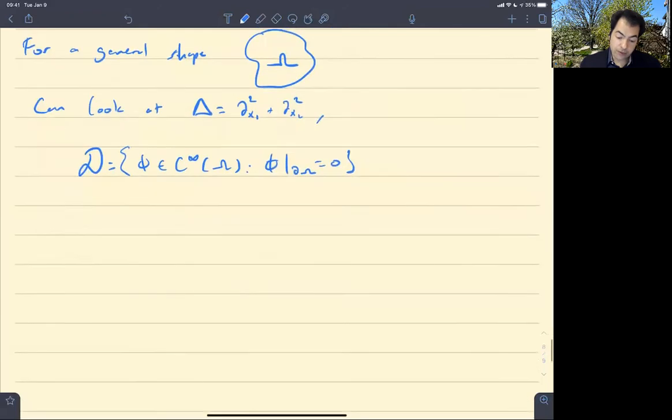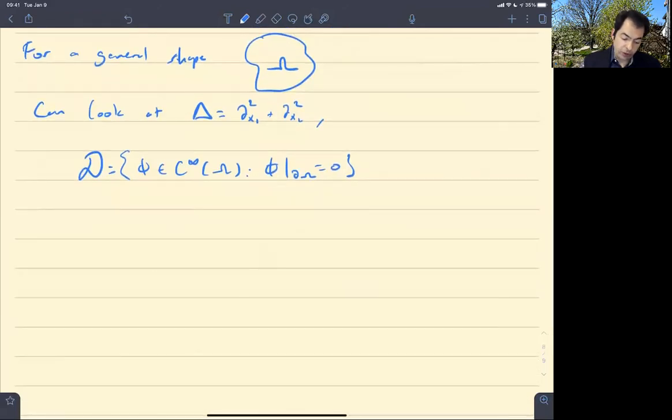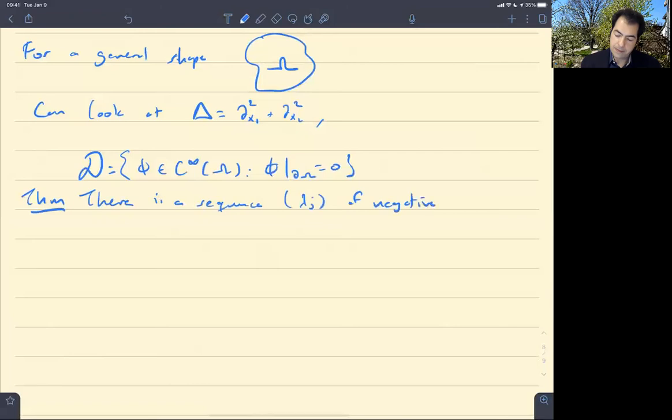And you can prove an abstract existence result. So the theorem says that there is a sequence lambda j of negative numbers, lambda j going to minus infinity.